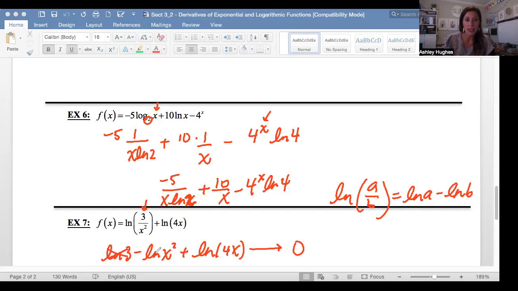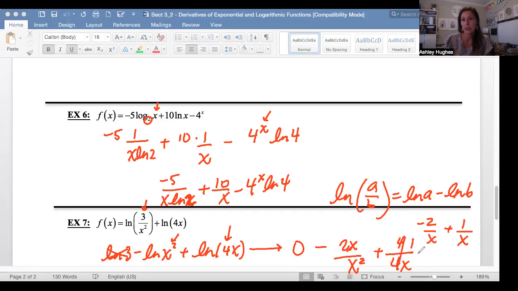The derivative of minus natural log of x squared is minus the derivative of this, which is 2x, over itself, plus the derivative of 4x, which is 4 over 4x. So this actually simplifies to -2 over x plus 1 over x. And so then that could actually simplify. You could do -2 over x plus 1 over x because they have a common denominator. So -1 over x.